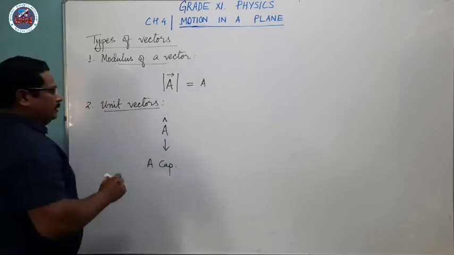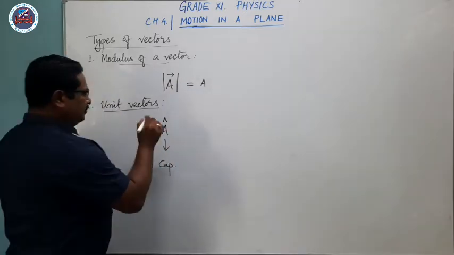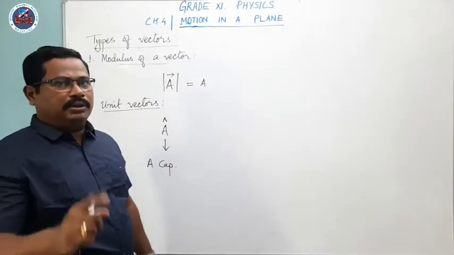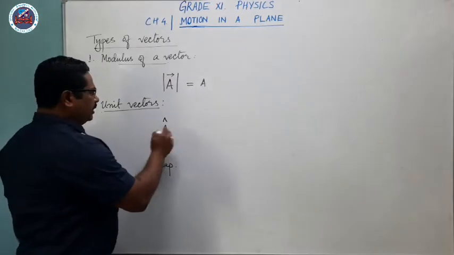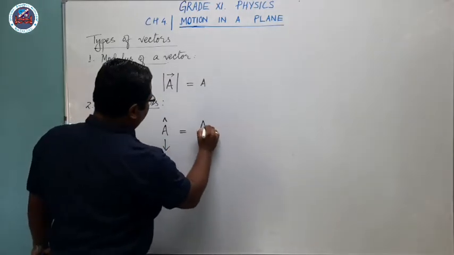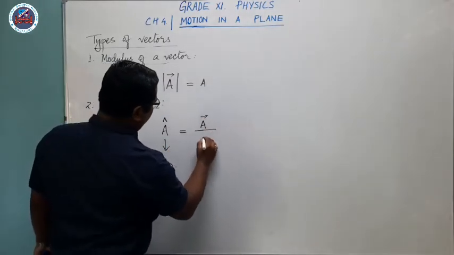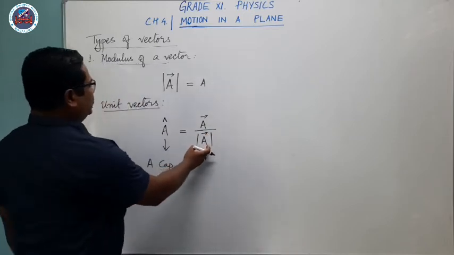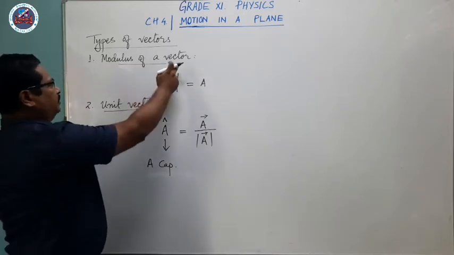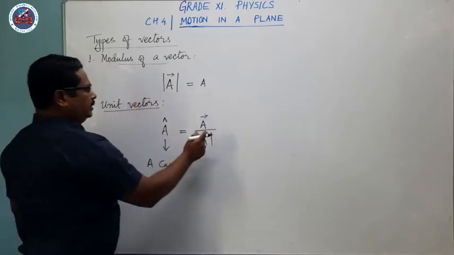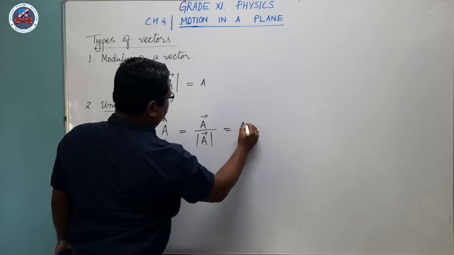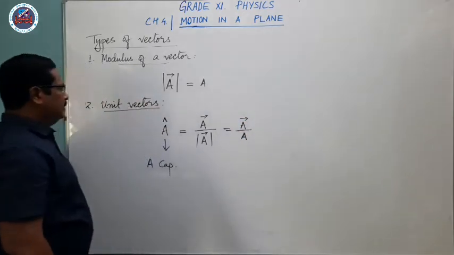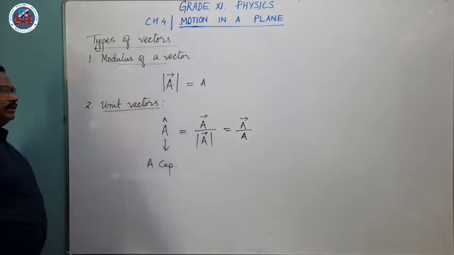A unit vector is a vector whose magnitude is unity. Its magnitude is always 1. A unit vector can be represented as the vector itself divided by the magnitude of the vector. This can be written as the vector A divided by the magnitude of A. This will give us the unit vector.